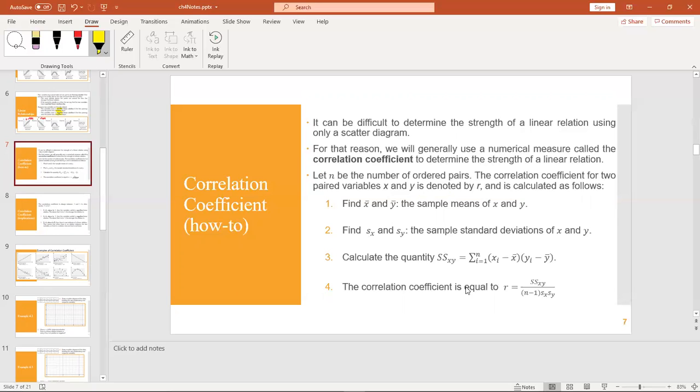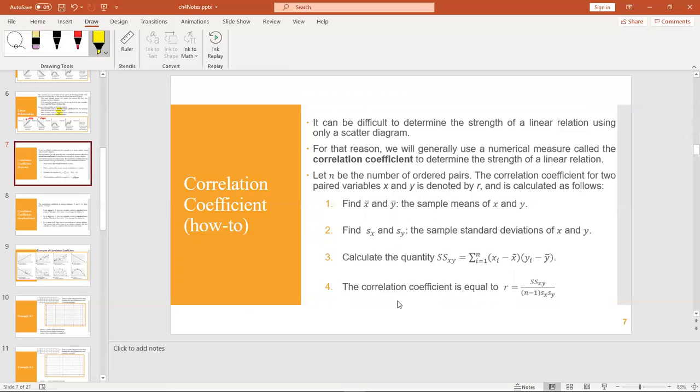Then you would have to find the standard deviation of the two of them combined, where you would take every individual x and subtract the mean, and take every individual y and subtract the mean, multiply them together, and then for good measure, add all those things up.